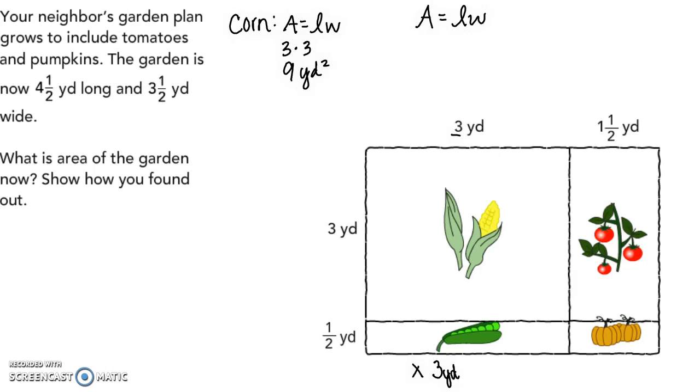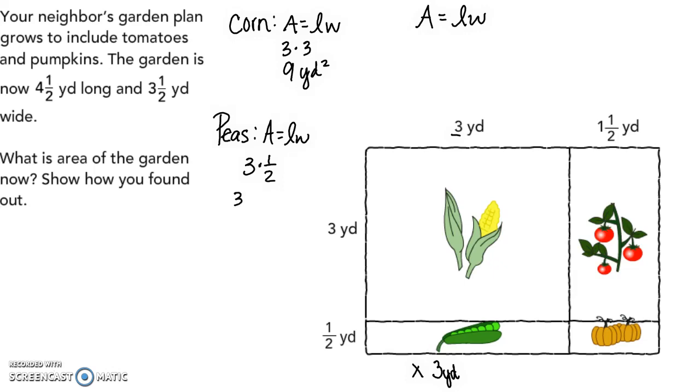So then to find the area of the section with the peas, remember we're going to use the same formula, area equals your length times your width, and this time we're going to do 3 times 1/2. Now, in a previous lesson, you should remember that any whole number you have, you put over a number 1 to make it a fraction.